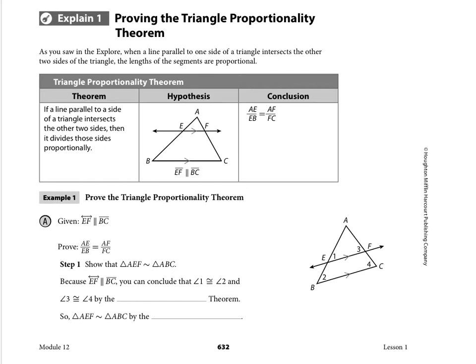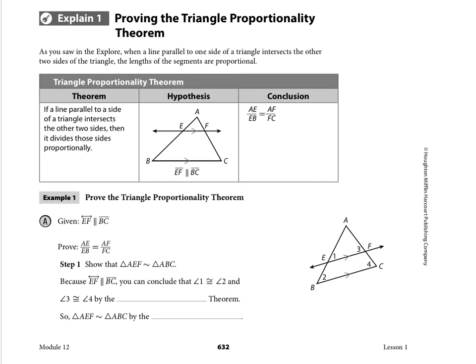So basically, if we have a parallel line to that third side that cuts through a triangle at any point, then it divides those sides, meaning AB and AC, into proportional pieces. And it's really easy to set up the proportion, you guys. You can literally draw the proportion over here and set it up in the same way you visually see the diagram.